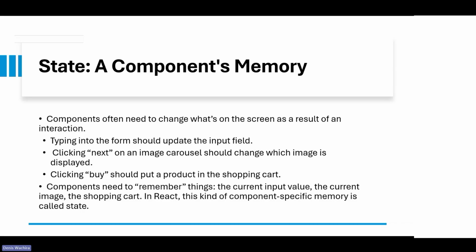Then if you are buying something in an e-commerce system and you click buy, you are changing the state by adding that item and putting it in a shopping cart. So the components need to remember things: the current input value, the current image, the shopping cart, and the rest. So in React, this kind of component-specific memory is what we call the state.